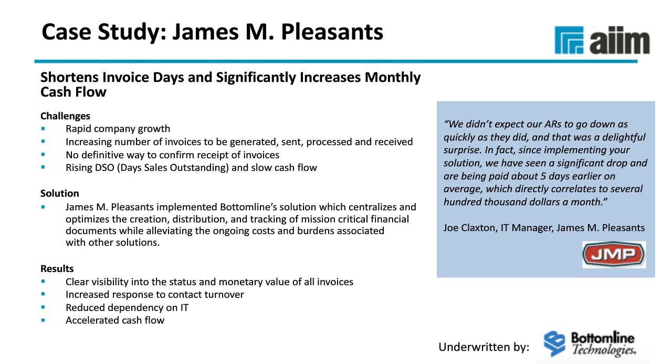So the context for this customer in this case study is a company called James M. Pleasant, or JMP for short. They're a manufacturing company, but they produce advanced steam and hydration systems. So they sell to other businesses, but they're fundamentally a manufacturing company. They've been growing really quickly, which is great, but along with that growth comes stresses on their organization.